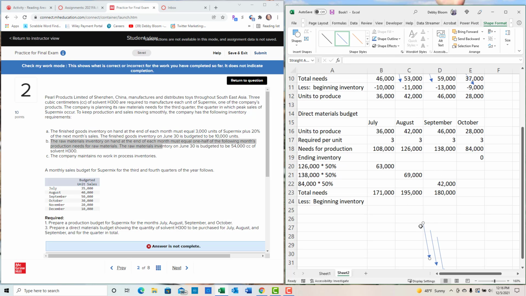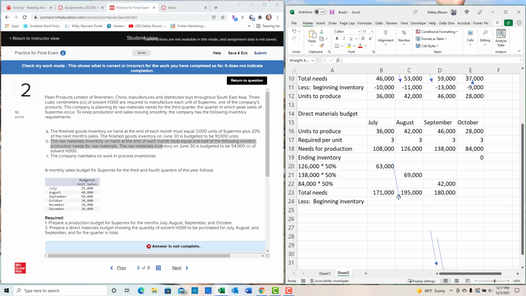So our ending inventory for July is going to equal our beginning inventory for August. Our ending inventory for August is going to be our beginning inventory for September. Our ending inventory for September is going to be our beginning inventory for October, but we're not doing October. So negative 63,000, because we're going to subtract it. Negative 69,000.